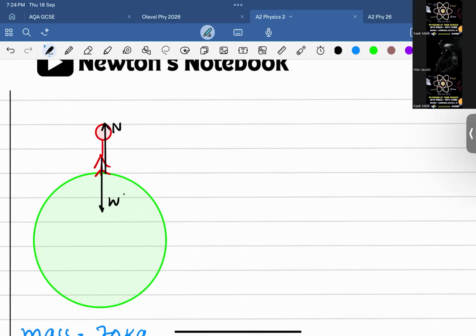And please keep in mind, the weight of your body that you feel is basically due to the normal reaction force. It is not due to the actual weight, okay. Because if you start walking on the water, you will fall, because the earth attracts you, right?